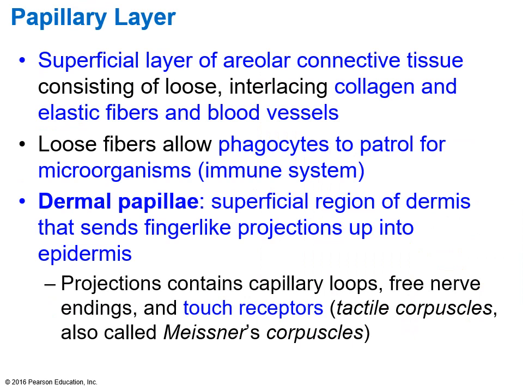Alrighty, so do me a favor, take a look at your fingertips. When you look at your fingertips, you should see small little ridges that make up our fingerprint. The ridges that you see are actually the papillary layer of the dermis peeking through your epidermis. That papillary layer is full of areolar connective tissue and has lots and lots of collagen, elastic fibers, and definitely blood vessels.